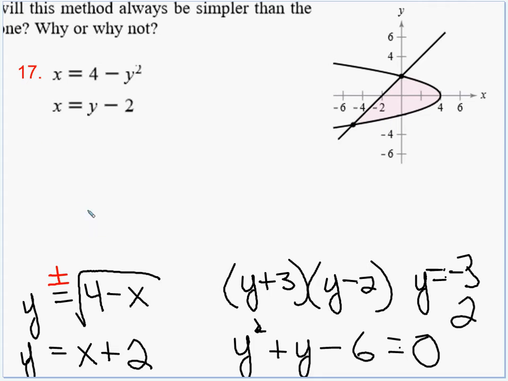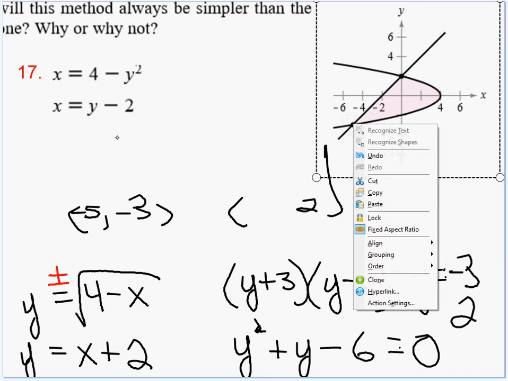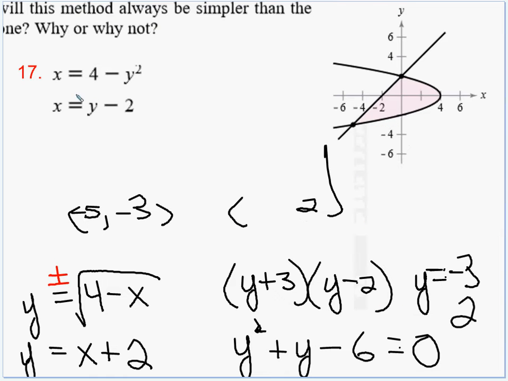So we've got these points. We got a y value of 2 and a y value of negative 3. So I could put those into either. I guess I'll put that into here. If I make this y into a negative 3, minus 2 is a negative 5. Negative 5 comma negative 3, that is this point. And if I put my positive 2 in here, 2 minus 2 is 0. 0 comma 2. So there's our intersection points.